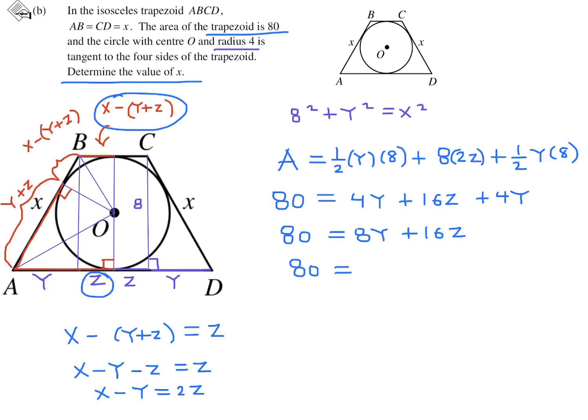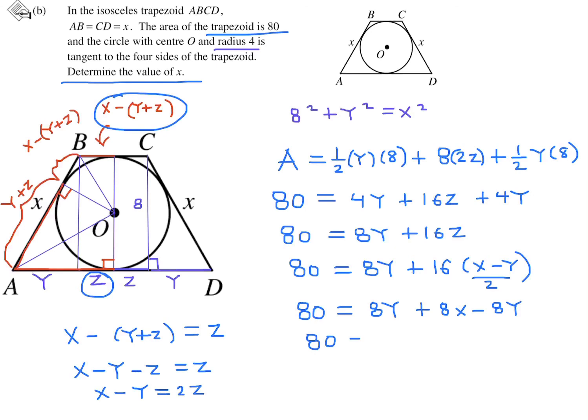So we substitute that into here. 16 times z, which would be x minus y divided by 2. And I think this will be able to solve the question. So this becomes 8x minus 8y. The y's cancel, so you're left with 80 is equal to 8x, and therefore x is equal to 10. And that is what they want you to figure out in this question.